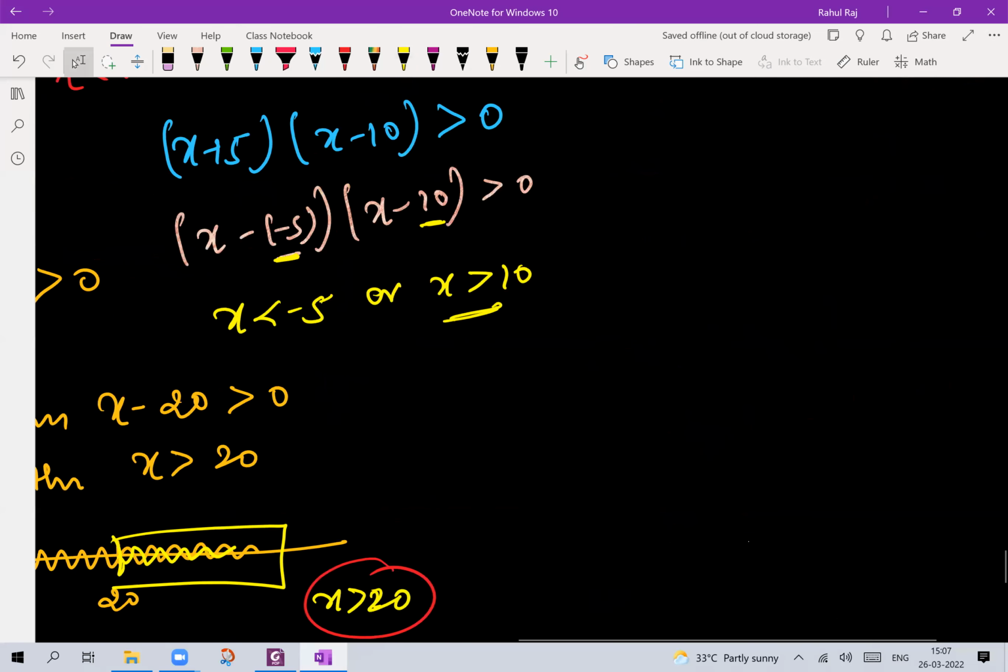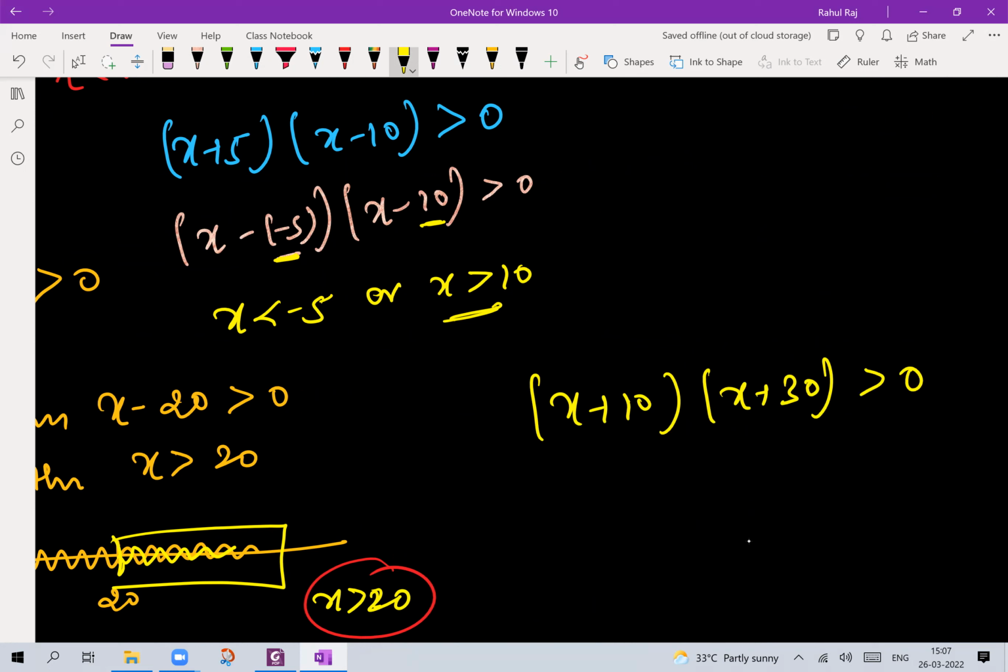One last: if I say x plus 10 into x plus 30 greater than 0, what do you mean by this? That x is less than minus 30 or x is greater than minus 10. Guys, any problem in understanding this?